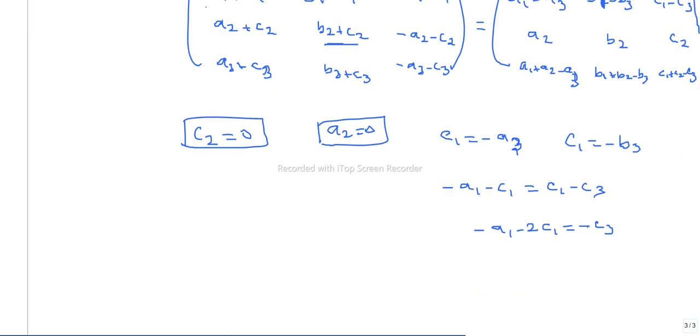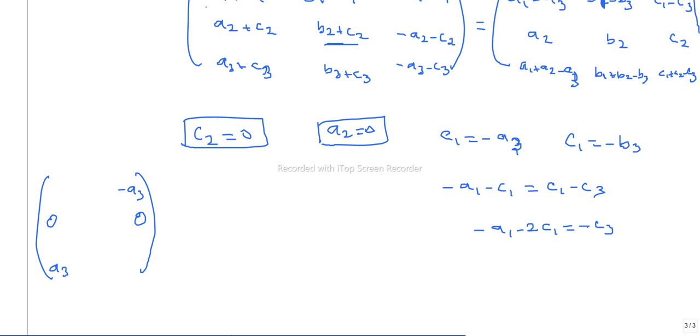Okay, so far in the matrix, what are the things? So now we get A1 B1 C1, A2 B2 C2. Now C2 is 0, A2 is 0. Okay, and A1 B1 C1 is minus A3, and here we start with A3, right?